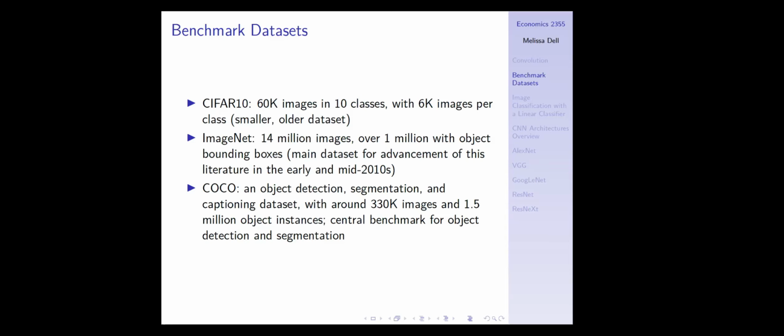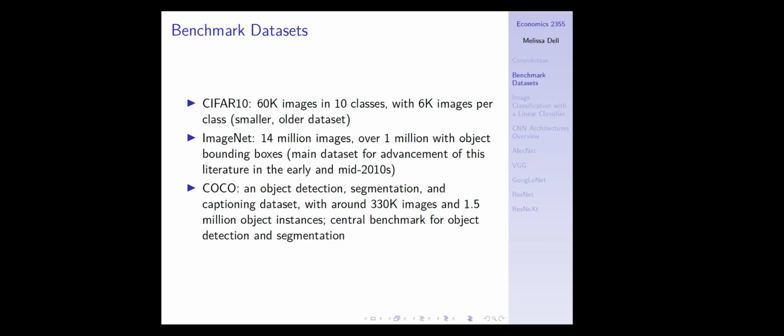The 3 main ones that you'll see come up in the context of CNNs are, first of all, CIFAR 10, which is the oldest and smallest one, and it has 60,000 images. Those images belong to 10 classes, like car, horse, dog, airplane, 10 generic classes, and there's 6,000 images per class.